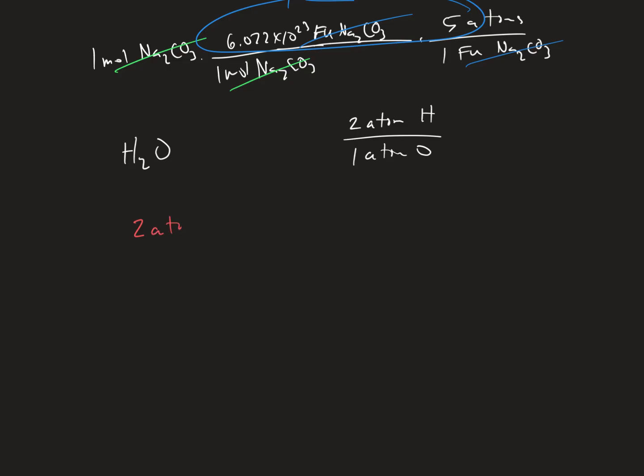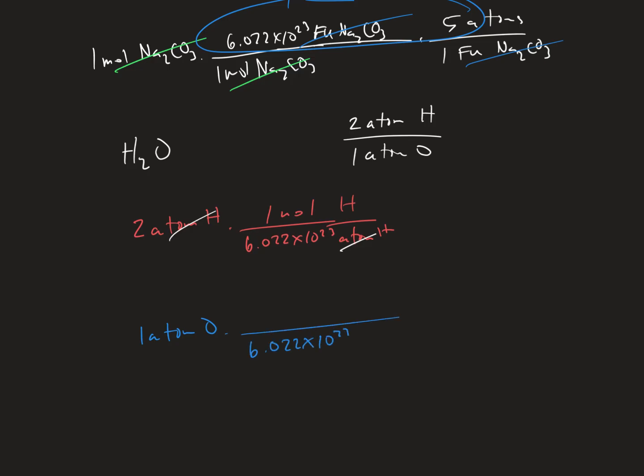If we have 2 atoms of hydrogen, I'm just going to do one at a time. And I know there's 6.022 times 10 to the 23 atoms in 1 mole. Atoms goes away and I'm left with moles, right? Then let's do 1 atom of oxygen doing the same thing. 6.022 times 10 to the 23 atoms of oxygen to 1 mole of oxygen.